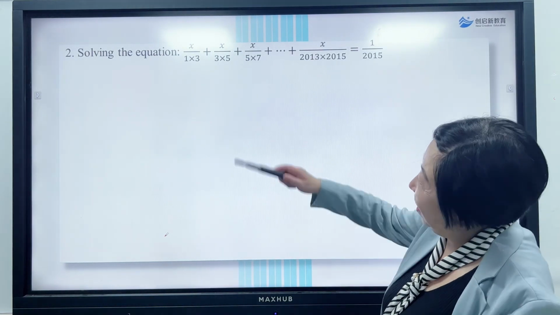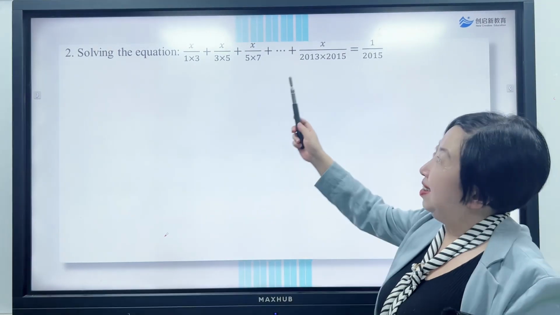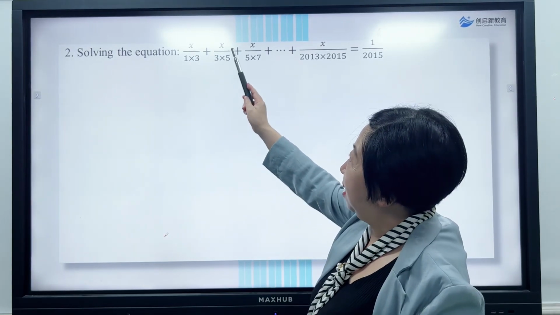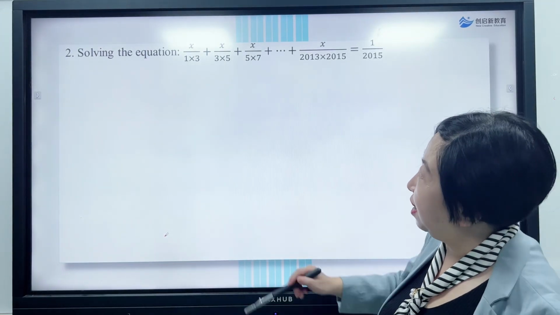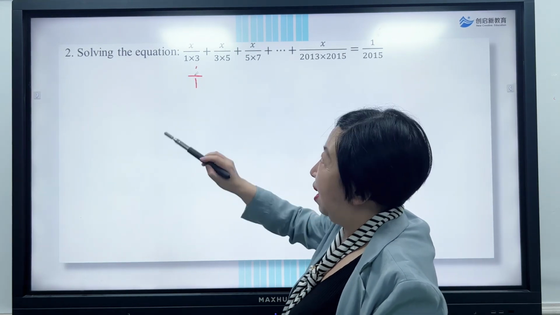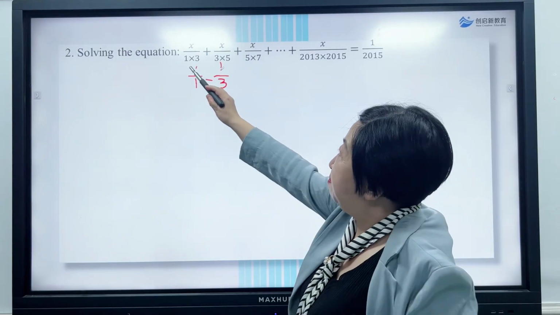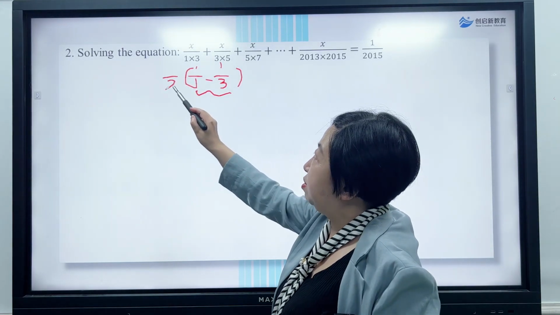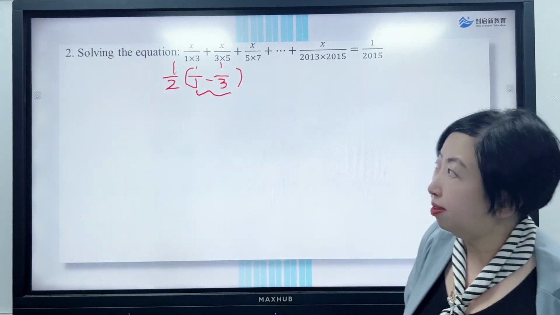Let's go on. Here it's the same method. The denominators are 1 times 3, 3 times 5, 5 times 7. We can change it to 1 minus a third, but here it's 1 over 3 minus 1 over 5, so the difference is 2, so we multiply by a half as a coefficient.